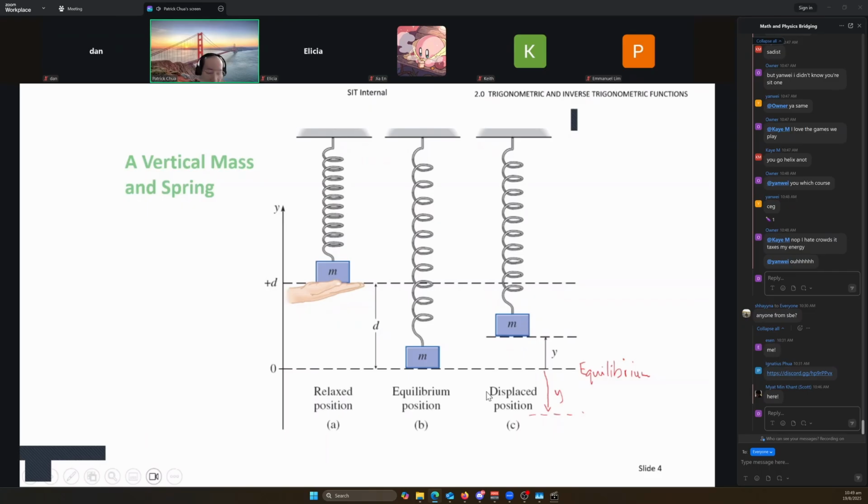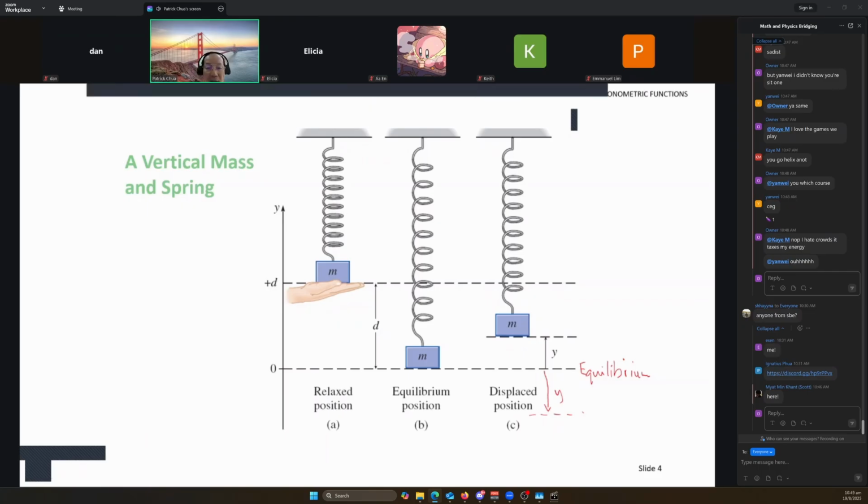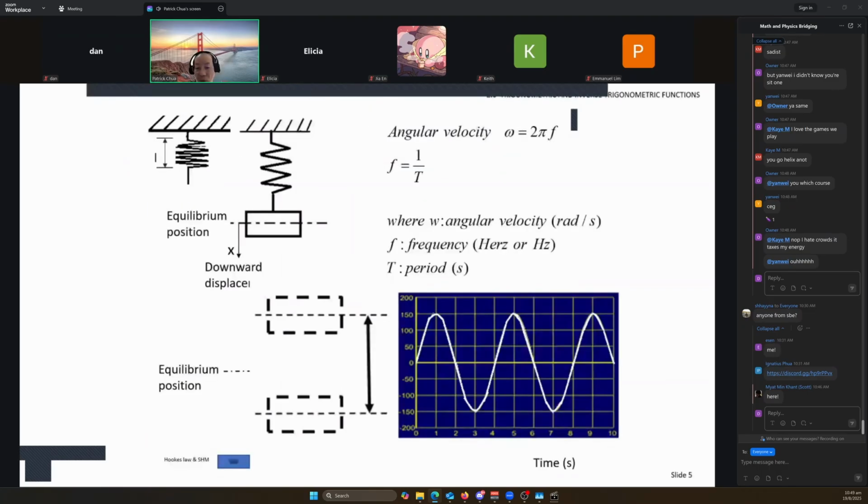equilibrium position. Okay, right. So now we know that the oscillation can be plotted in this form as a waveform. So now I'm going to refresh your memory on waveform principles and concepts. So this oscillatory motion can be represented by omega.